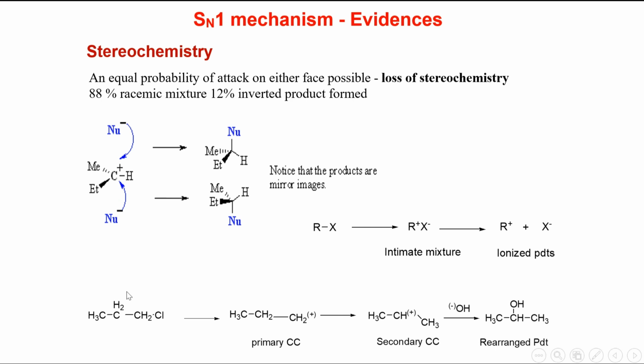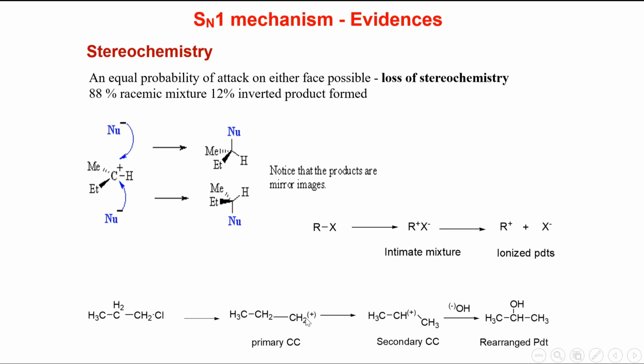Another evidence given in support of the SN1 mechanism is formation of rearranged product. Propyl chloride, if I take, can dissociate into propyl cation, which is a primary carbocation.